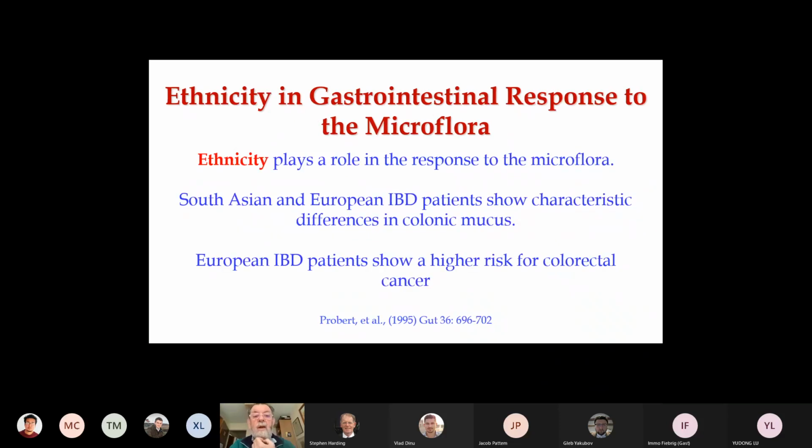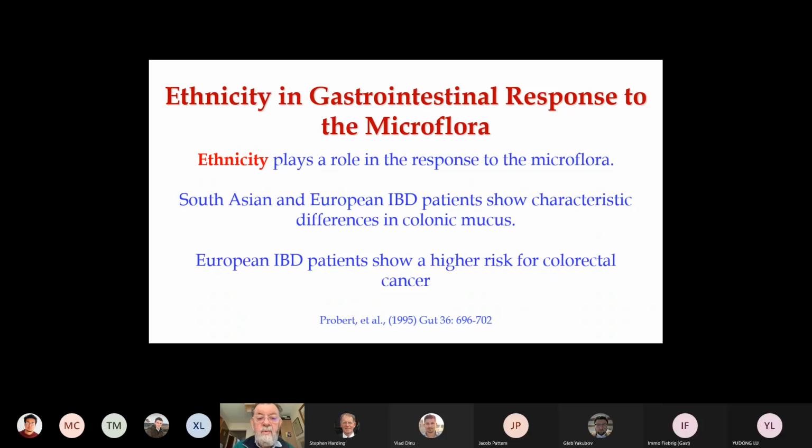Okay, ethnicity also is significant. We carried out a study looking at South Asian and European patients that had inflammatory bowel disease. And there are differences in the expression of the colonic mucins in these two groups of people.